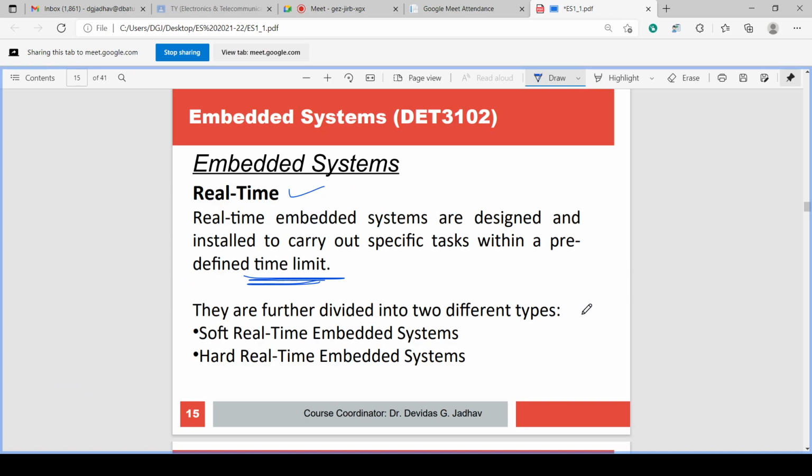Those are real-time systems. Suppose an example: there is a robotic operation. Which operation? One car is on the conveyor belt, and that car goes further and further by completing one operation after another.